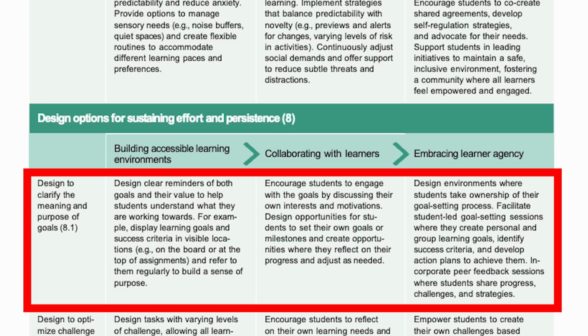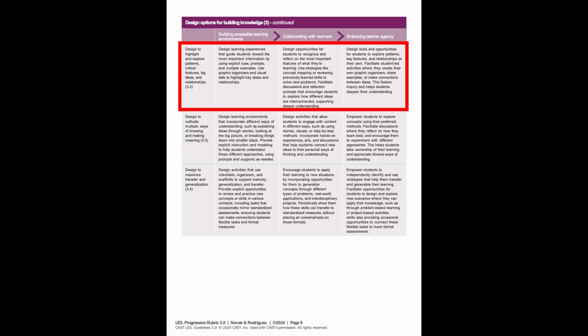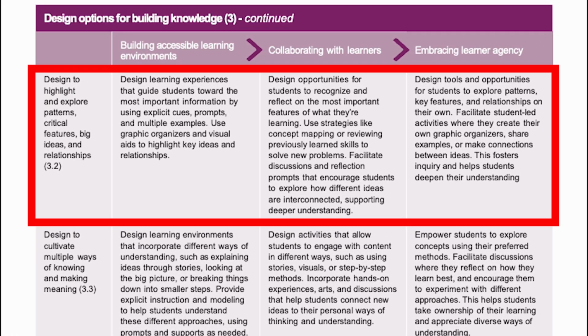If so, you're already designing options for sustaining effort and persistence, one of the multiple means of engagement on the rubric. Do you highlight and explore patterns, critical features, big ideas, and relationships in the content you teach? If so, you're already designing options for building knowledge, one of the multiple means of representation.